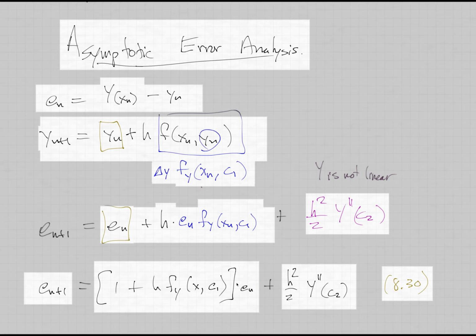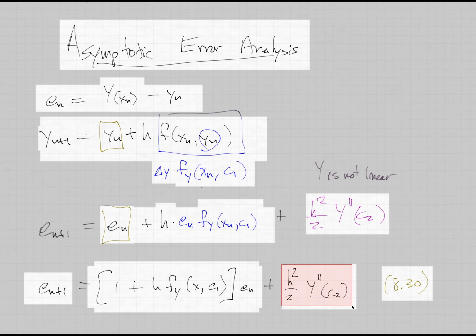So if we know that the previous En was behaving proportional to h, then En+1 will also be behaving proportional to h, or at least this term will. So this term we don't have to worry about because it's inherited from the previous error. It will continue to behave as the previous error did.